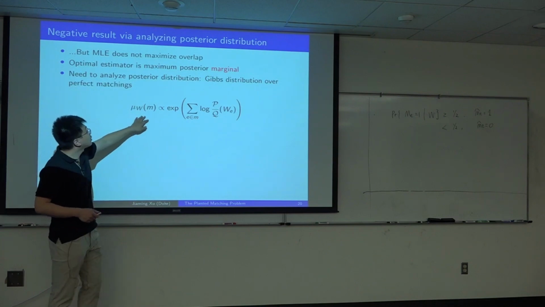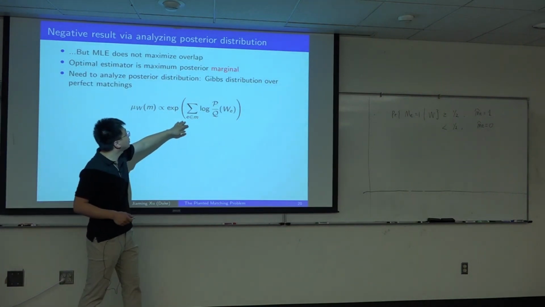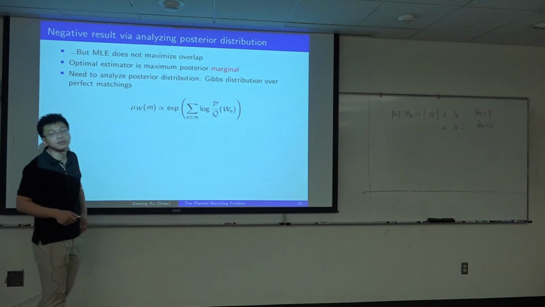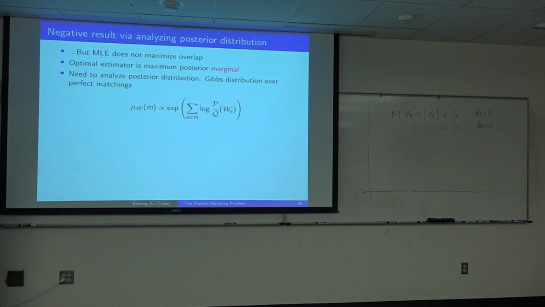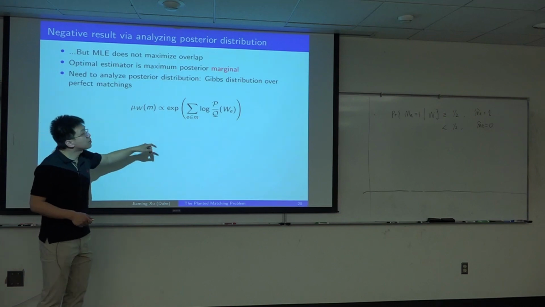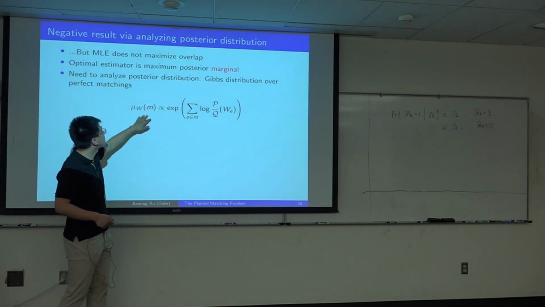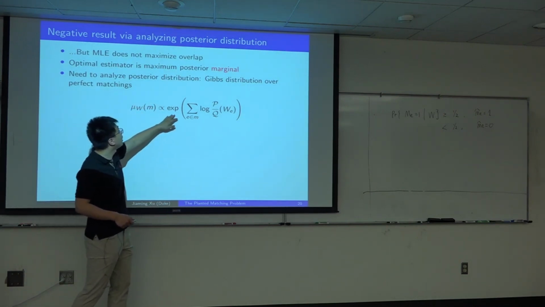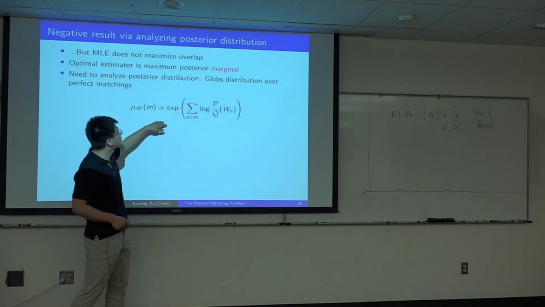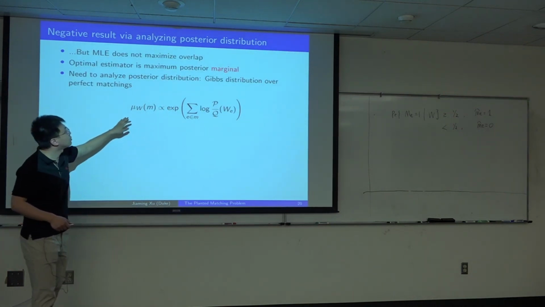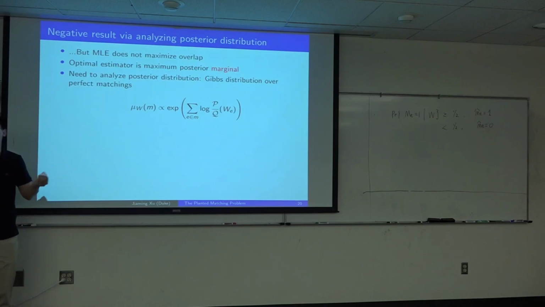This distribution is given by an exponential, where the exponent is nothing but the sum of the log likelihood weights for this matching. And then the marginal is just taking this high dimensional distribution and summing over everything else, and you find the marginal probability of whether a particular edge is in the matching or not. Then the optimal estimator is given by the one I was showing there.